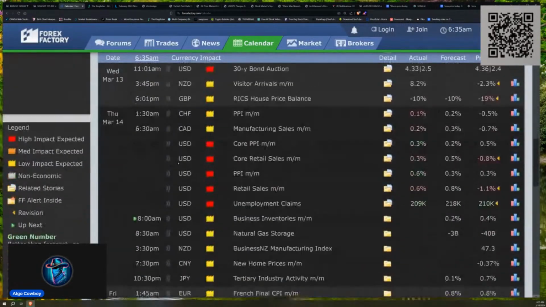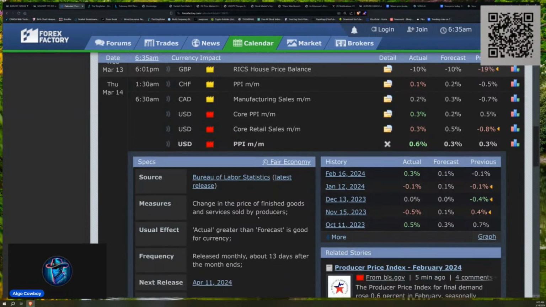Okay. We got some mixed data. PPI a little warm. 0.3% versus 0.2%. Retail sales is actually lower. So mixed data, right? PPI actually came in pretty hot. Month over month PPI as opposed to core PPI came in twice the expected. This is the change in the price of finished goods and services sold by producers.